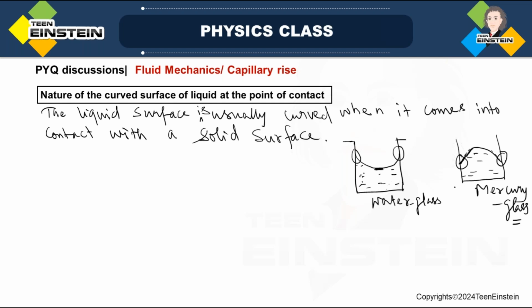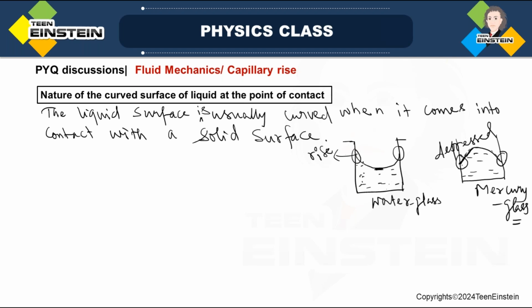So we see this nature, when the liquid rises at the point of contact and when the liquid gets depressed. So this is depressed, and here we see the rise of the liquid.